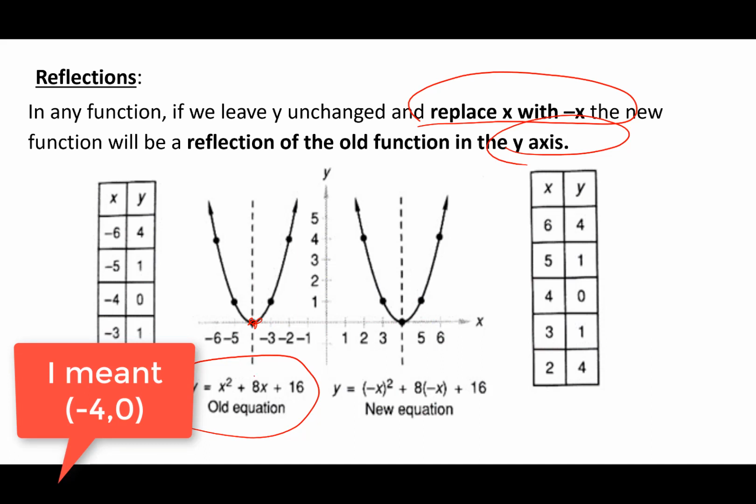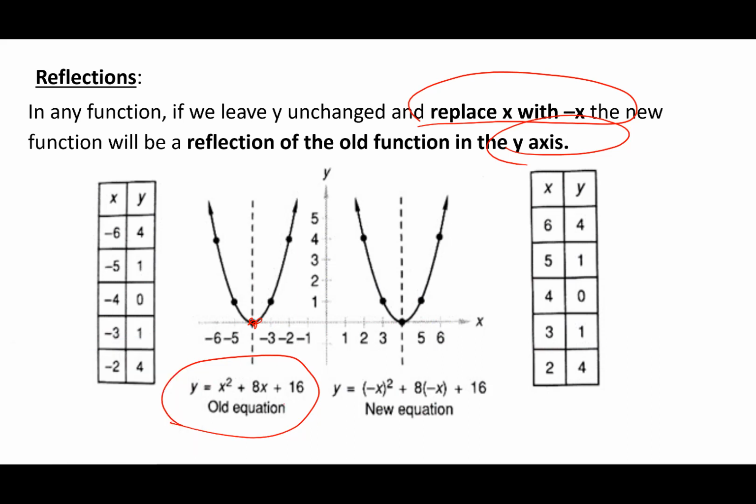If you go through and replace all the x's in that equation with negative x, the new graph will look just like the other one, except it will be reflected across the y-axis to the other side, and it'll be the exact same distance from the y-axis that the other one was.